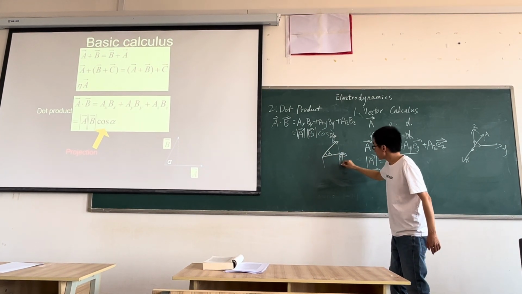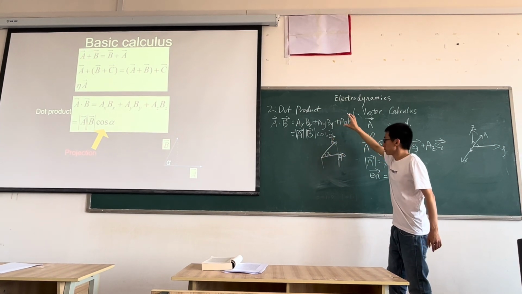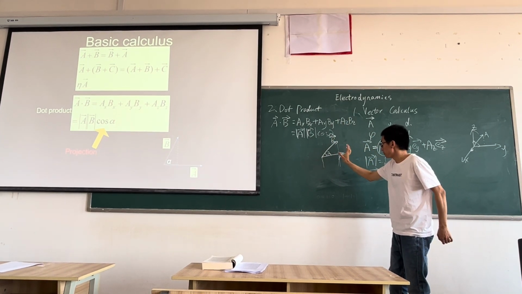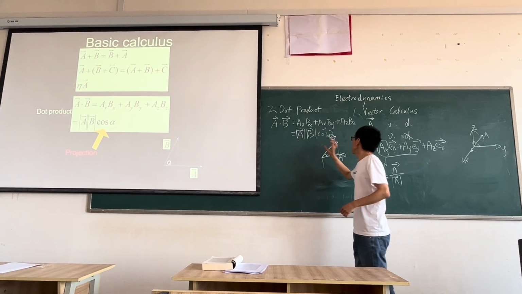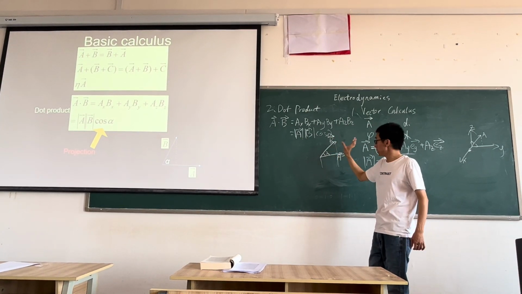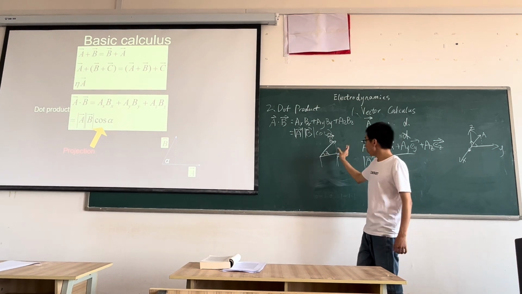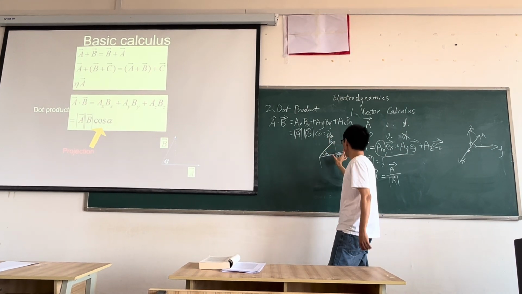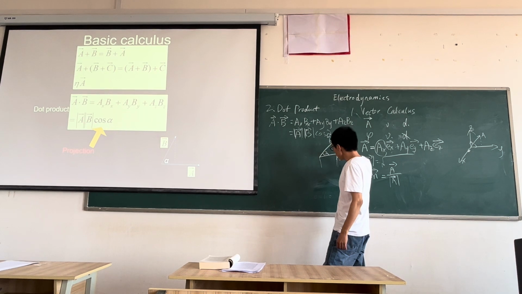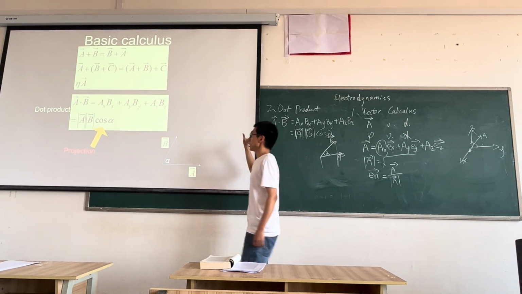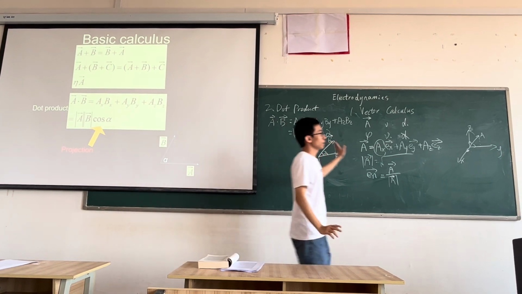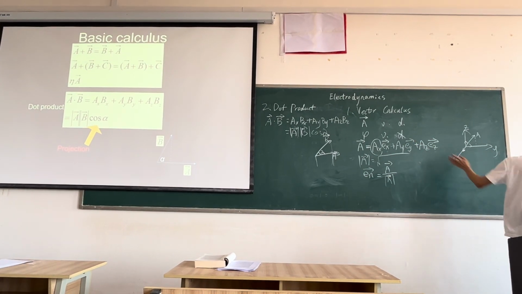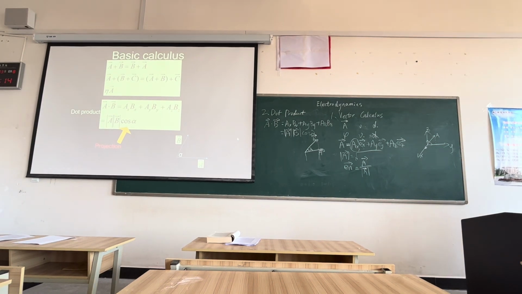This length is B's length projected to the direction of A. So it means A's length times B's length projected to the direction of A, or B's length times A's length projected to the direction of B. That's the geometric meaning of A dot B. That's why it's A's length, B's length, cosine alpha.